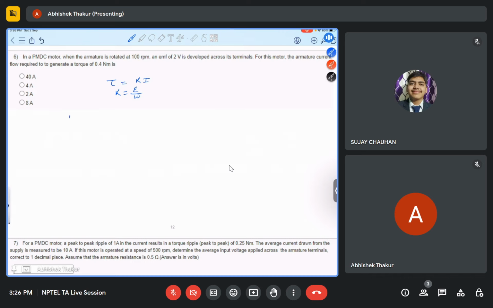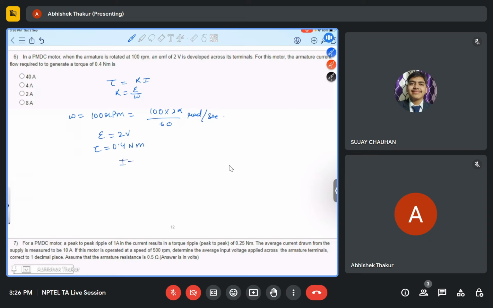In this question, the W is 1000 rotation per minute. So this can be written as 1000 into 2 pi by 60 radian per second. E is equal to 2 volt. So our K is done. Now torque is equal to 0.4 Newton meter.